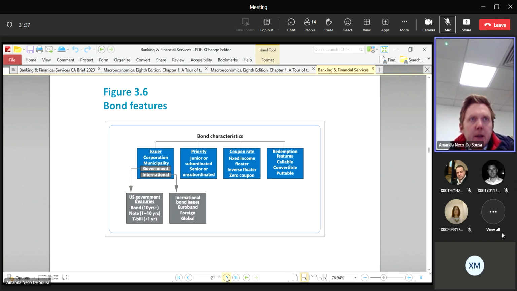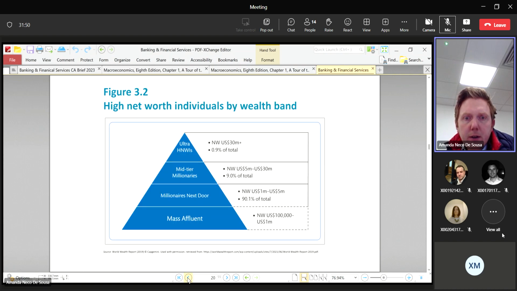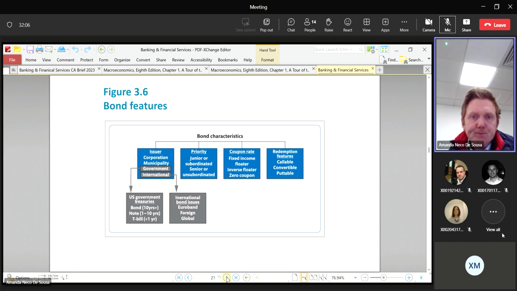Effectively, a lot of people would have a million or above in investable assets to be having the use of one of these. Sorry, I skipped the slide there. Apologies. But for one of these high net worth individuals, you'd want to have investable assets of a million or above to probably be using the services of a private banker.